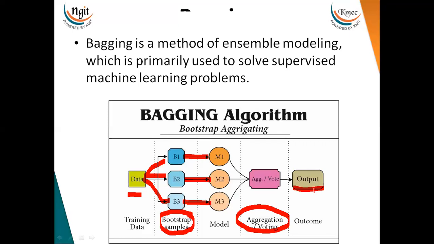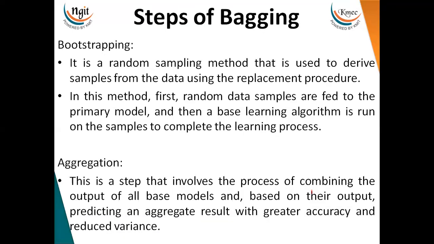And finally, the output you have obtained with majority voting is given as the output of your bagged model. Now, as I told you, there are two steps in bagging. The first one is bootstrapping, in which data is divided into batches. The next step is aggregation, in which we combine the predictions generated by each of our models by parallel execution.